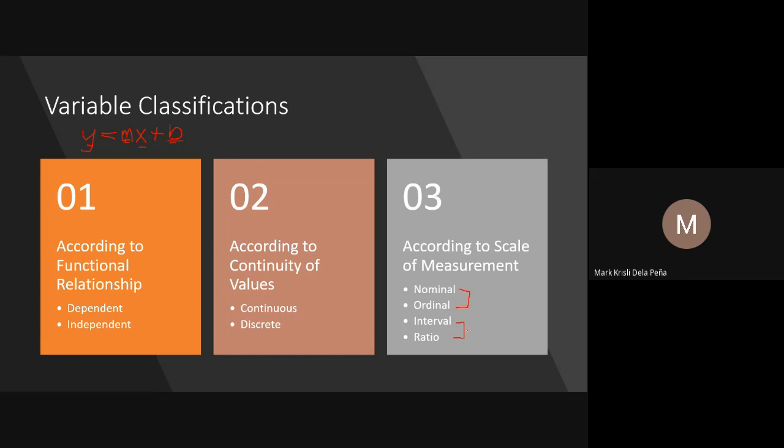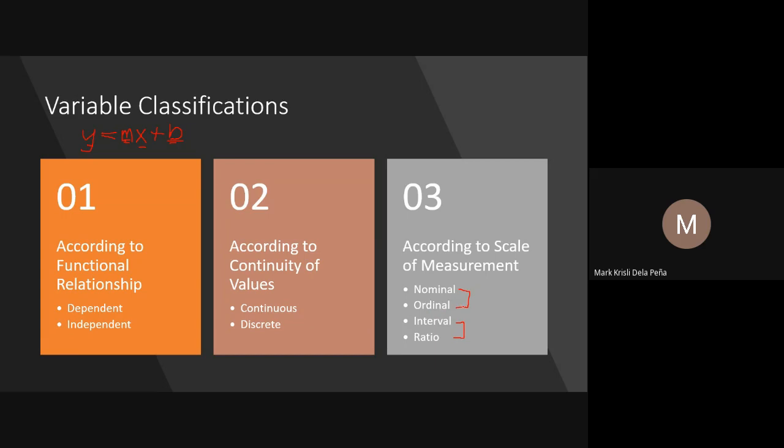Another term for qualitative data is categorical, and for quantitative is numerical. Nominal actually tells us names, like gender, like your religion. These are nominal data.